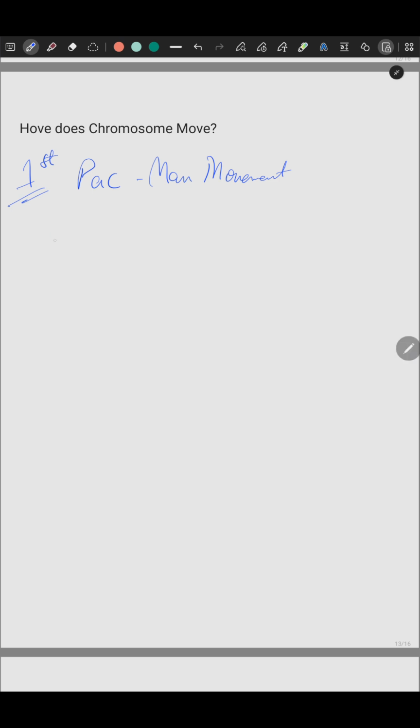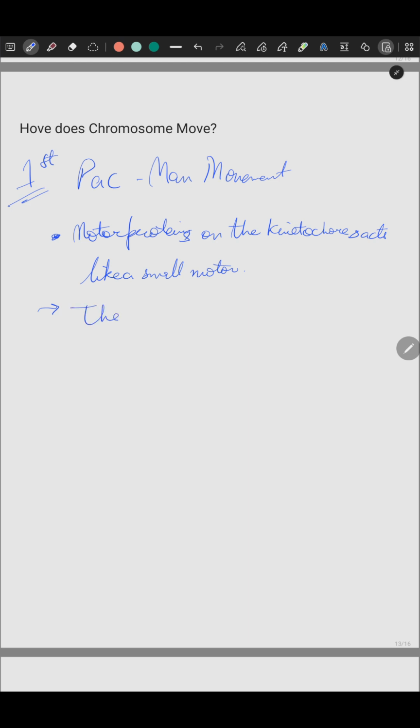So what happens basically is that motor proteins on the kinetochores act like a small motor. Okay, what does happen there? They walk along the microtubule toward the pole.